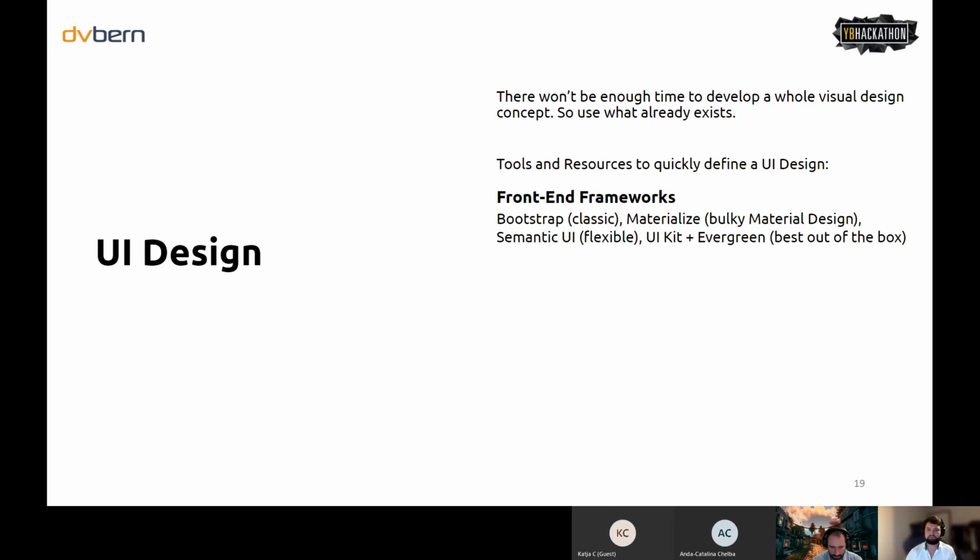It's very flexible, very small, and you can do a lot with this in a short period of time. And if you develop with React, then one of my recommendations would be the UI kit in combination with Evergreen. That's the best possible UI and UX solution out of the box.